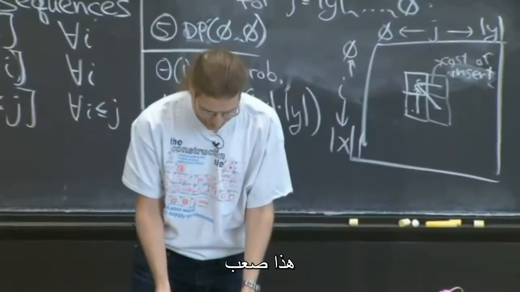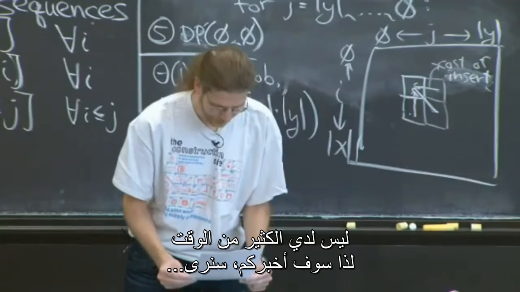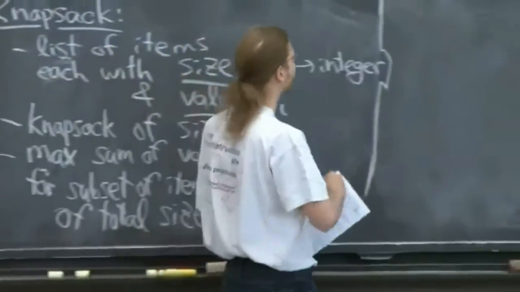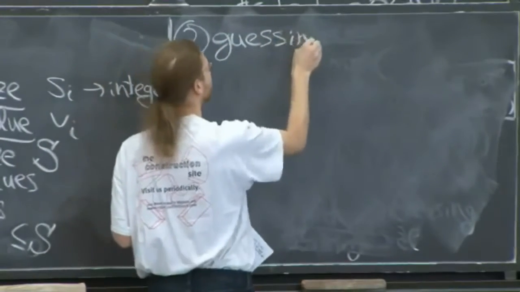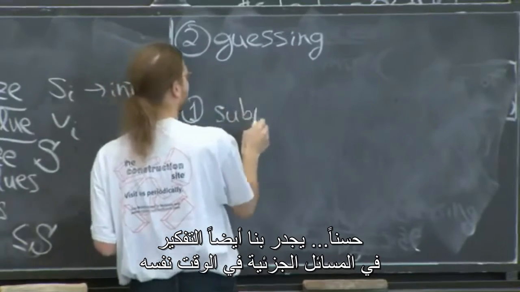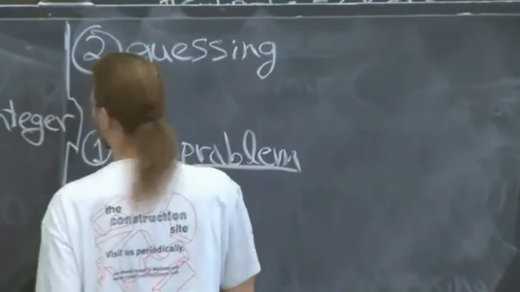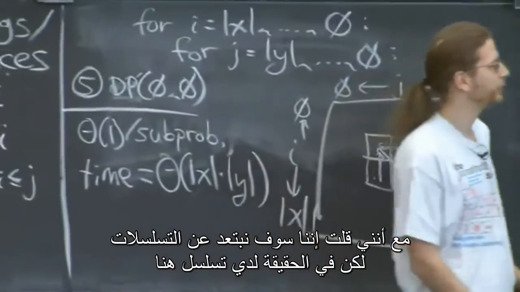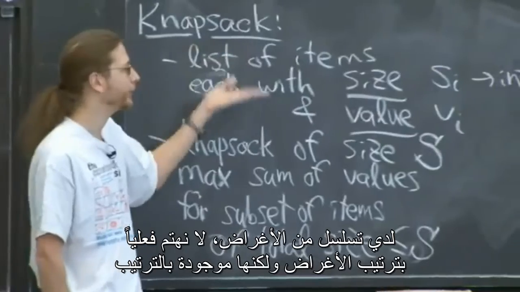With difficulty. Don't have a ton of time, so let's see. Start with guessing. This is the easy part for this problem. We should also be thinking about subproblems at the same time. Even though I said we were leaving sequences, in fact, we have a sequence here. We have a sequence of items. We don't actually care about the order of the items, but they're in an order.